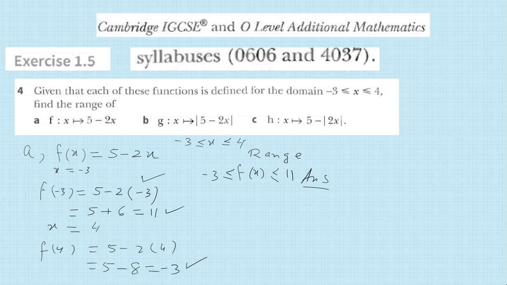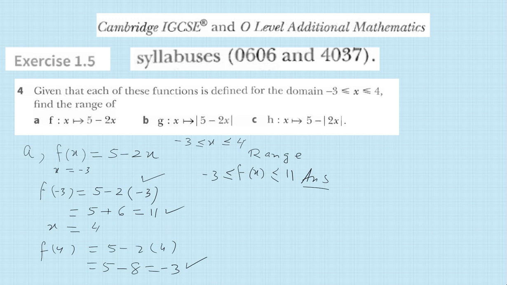But if I put minus 2, I will get 2 times 2 is 4, 4 plus 5 is 9, which is smaller. So is it possible to get a value bigger than 11? If this is possible, then our answer is not correct. But in this case, it is not possible to get an answer bigger than 11.